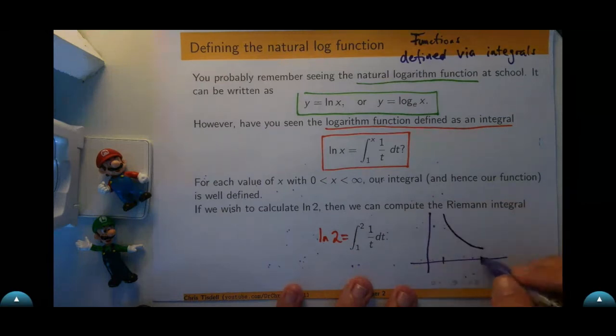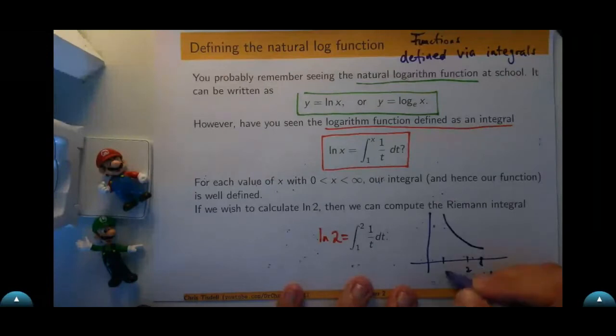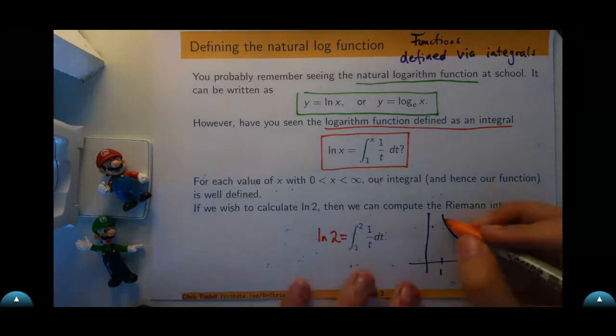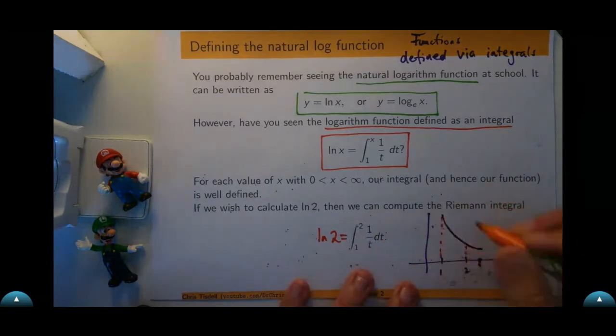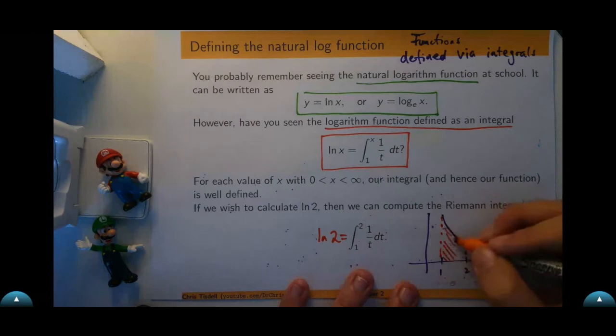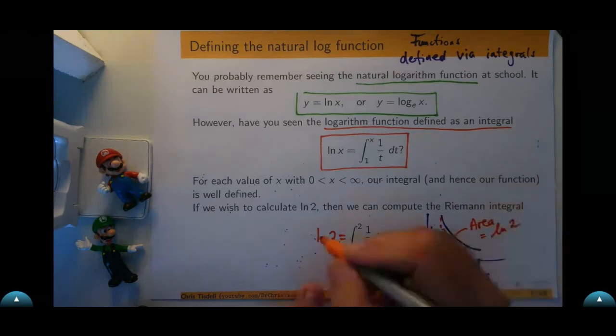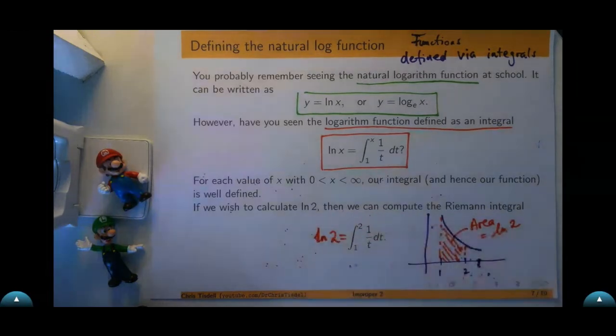I know that the Riemann integral is the area under a curve. So the area of that region is equivalent to this integral, and that's how we're defining the logarithm of 2, right?